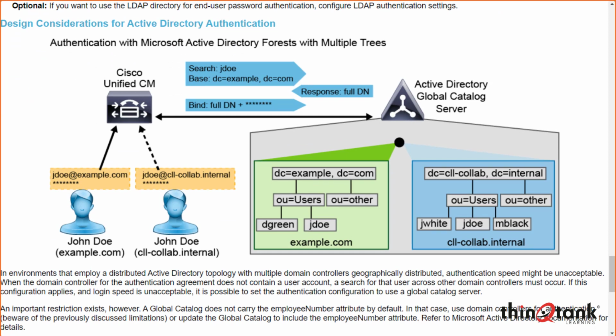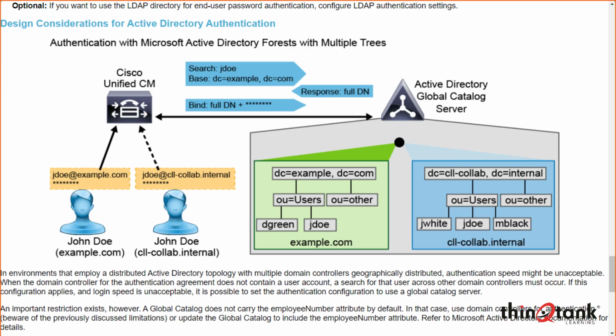All right. If we're deploying Active Directory, and we have a distributed Active Directory topology, meaning that we have multiple domain controllers that are geographically distributed, obviously, depending on the location of those controllers, where they're physically located, the processing time might be insufficient.